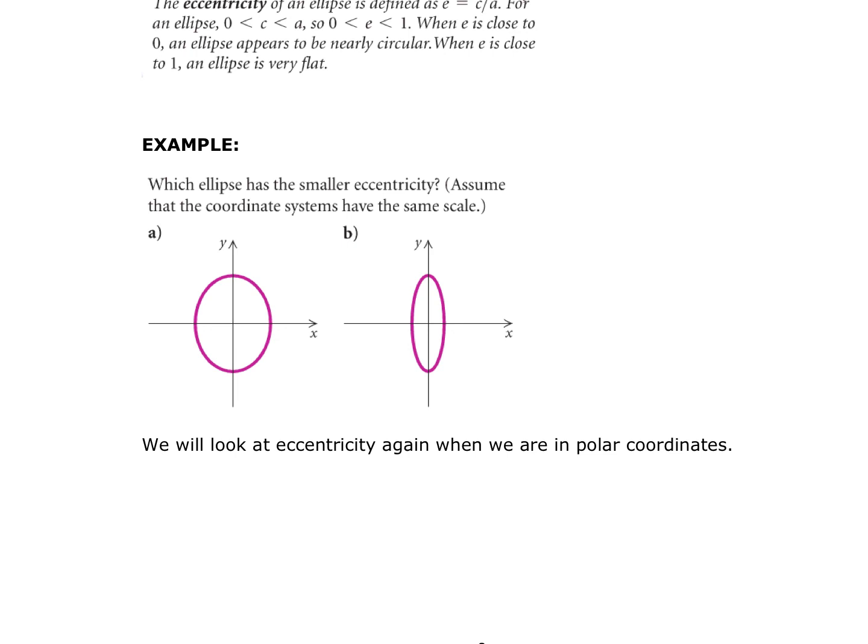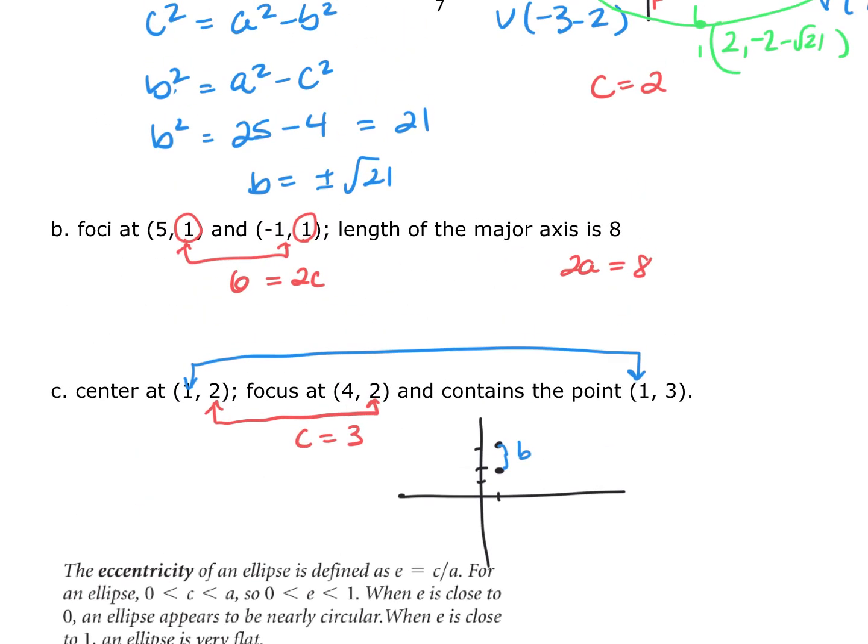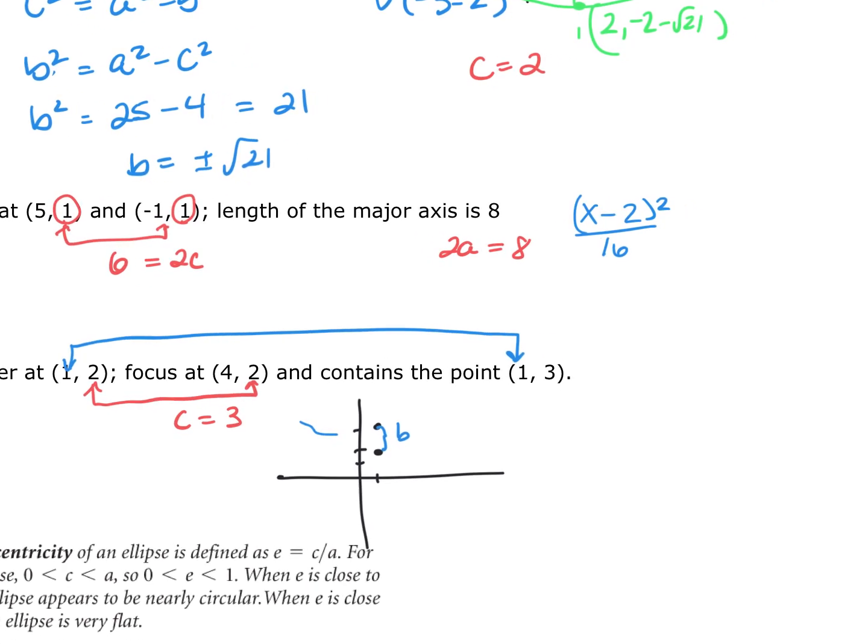And that's it for, oh, you probably want the answers back up here. So let's go back up here so I can give you the answers. So let me do this really fast. Lock that rotation. Let's go back and give you the answers here. For b, the equation should be (x minus 2) squared over 16, plus (y minus 1) squared over 7 is equal to 1.